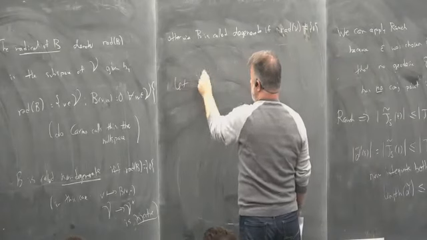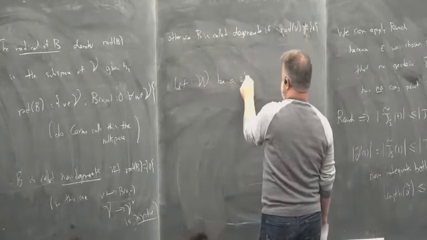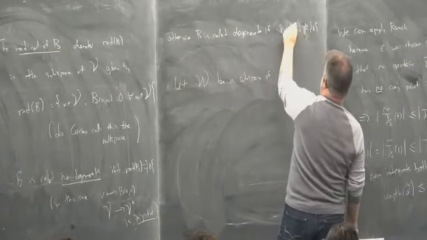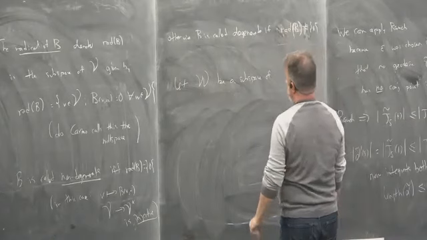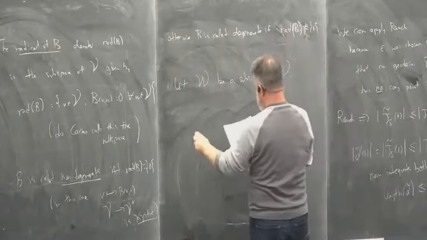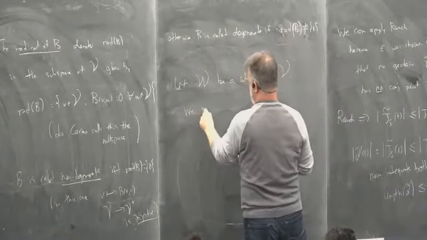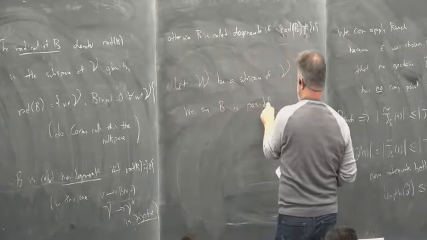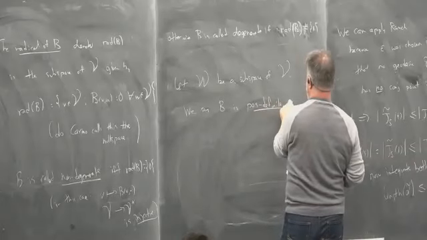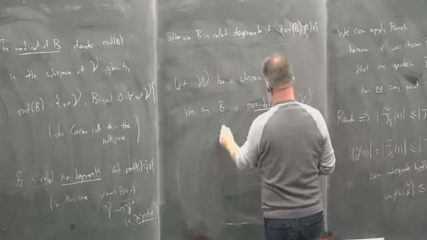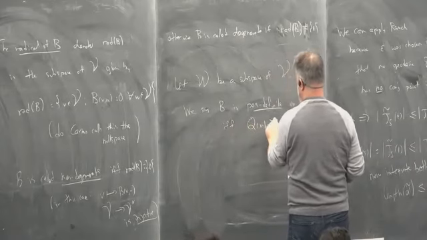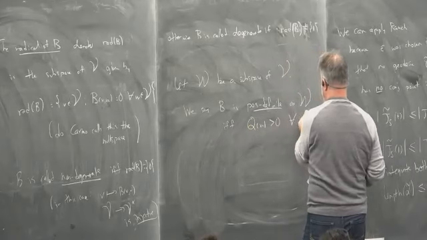Let W be a subspace of V. We say that the bilinear form is positive definite on W if and only if Q(w) is positive for all w in W non-zero.